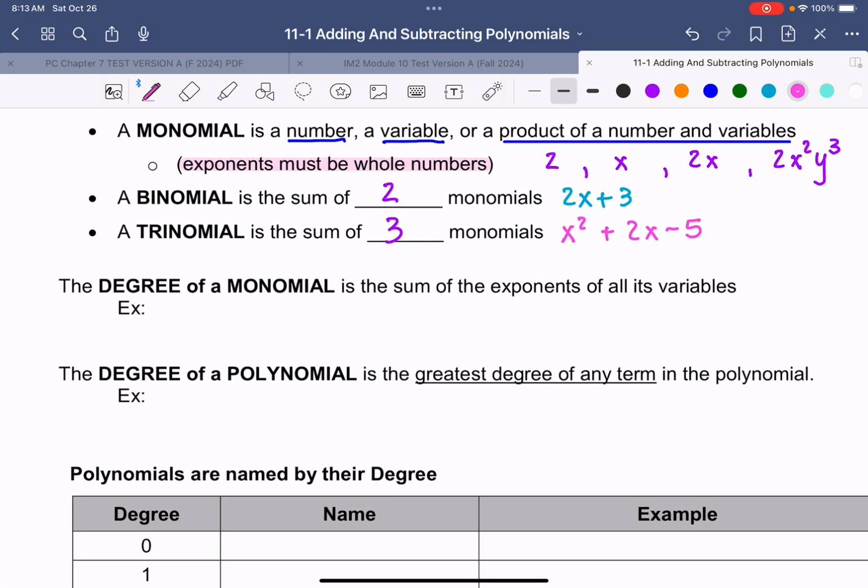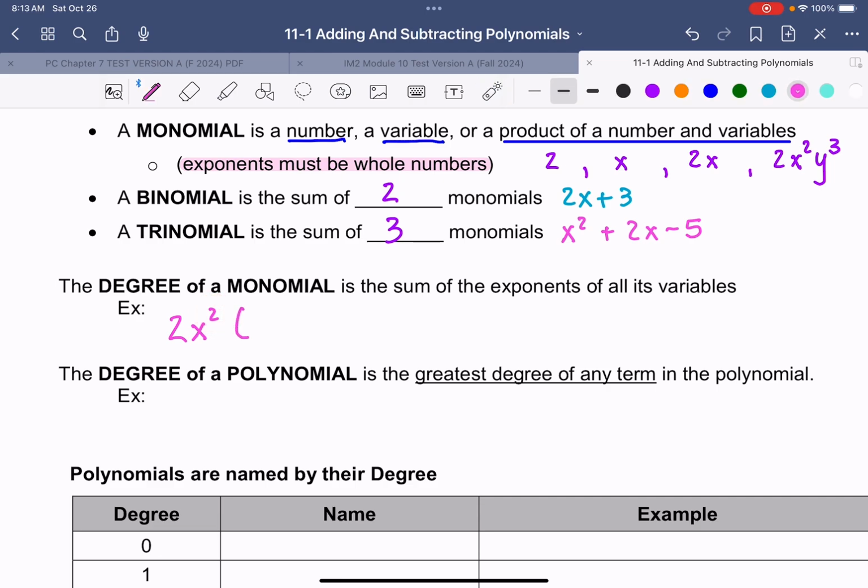Okay, now we need to talk about the degree of a monomial. So for degrees, we have to look at the sum of the exponents of all of its variables. Let me just give a very basic example. If I have 2x squared, all I have is one exponent.